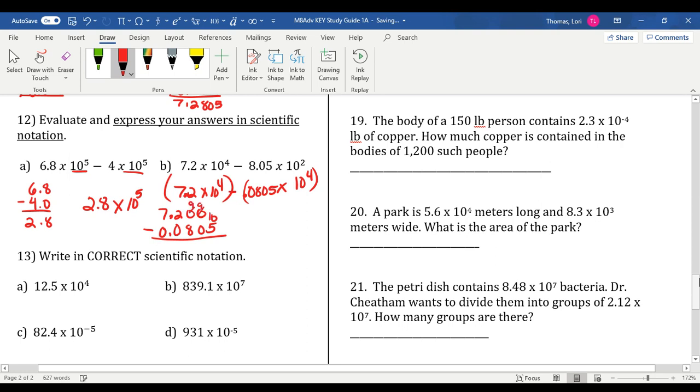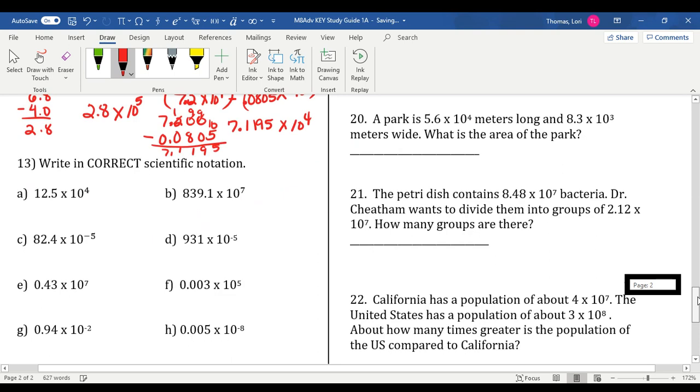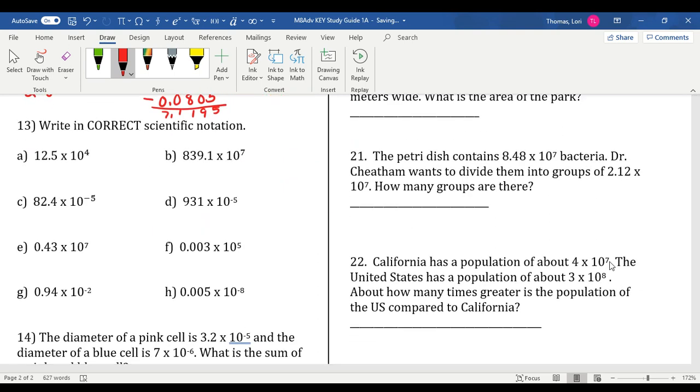This will be a 9, and that becomes the 1. So 5 from 10 is 5. 9 minus 0 is 9. 9 minus 8 is 1. 1 minus 0 is 1. And we have a 7. So we have 7.1195 times 10 to the 4th. Wowzer, what a problem.